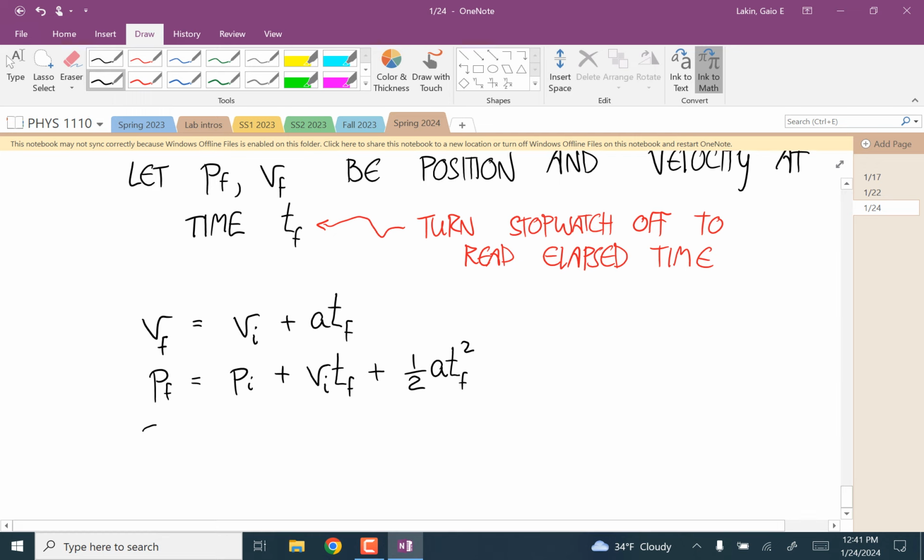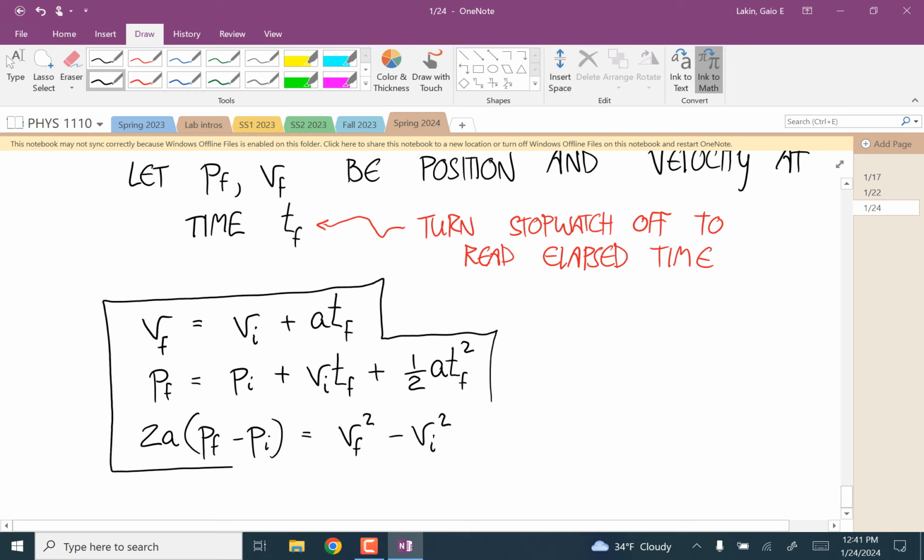And then the last one says 2 times A times the quantity P final minus P initial is equal to V final squared minus V initial squared. So those are the three constant acceleration equations.